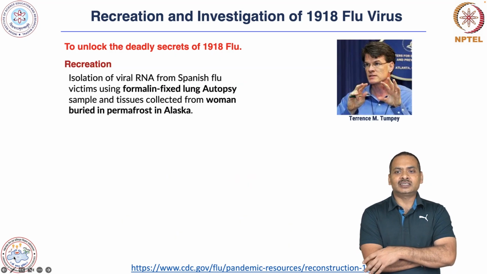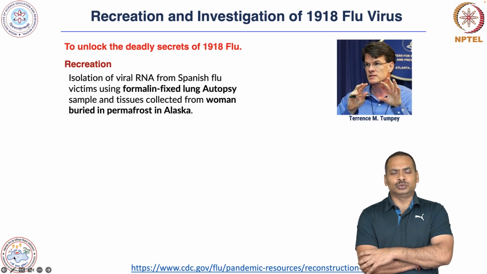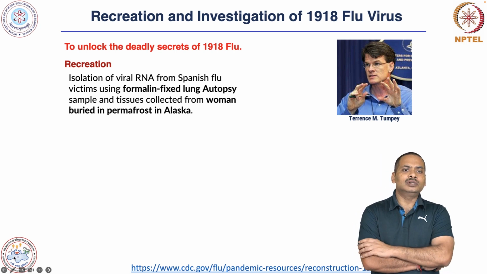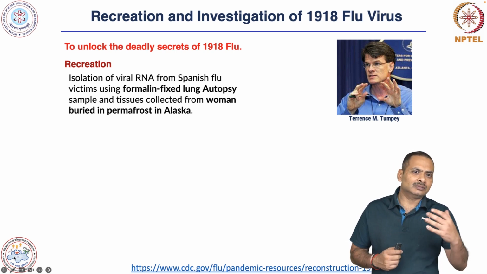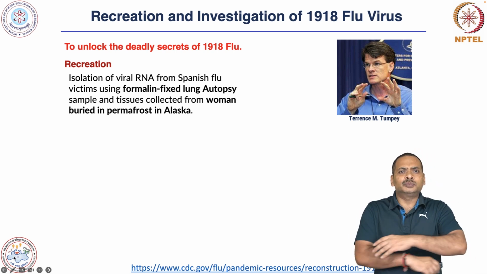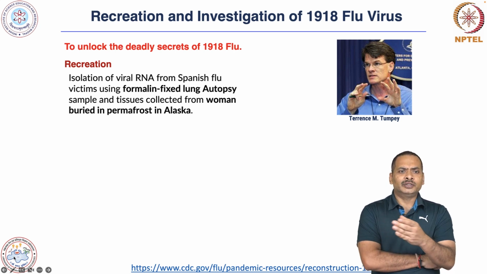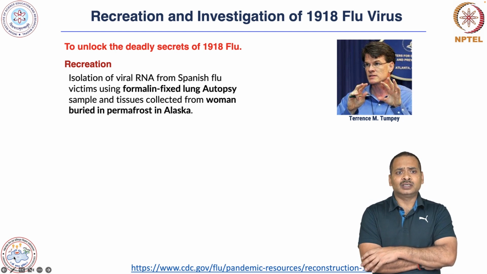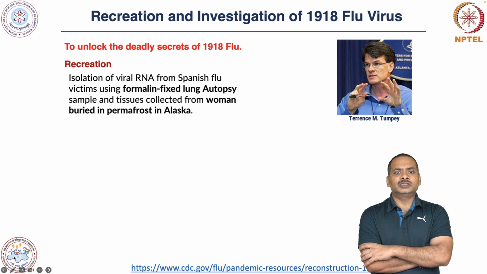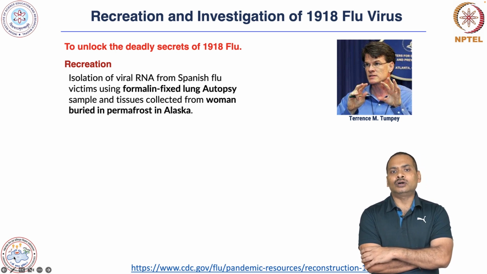Here you can see there is a group at Memphis, and with the help of genetic tools or molecular biology tools, they recreated the virus. Although there is some contribution of John Hulton, his group isolated the viral RNA from Spanish flu victims using formalin-fixed lung autopsy.